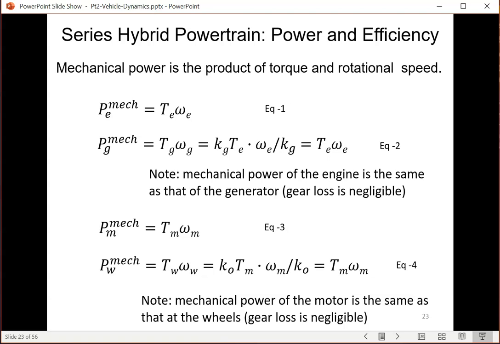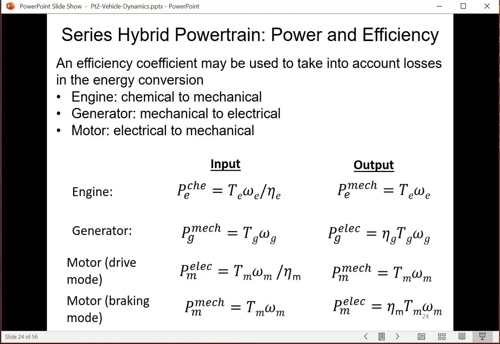The output power of the electrical motor, which is mechanical, equals the input power of the wheel, which is also mechanical, and these two are the same. If we consider efficiencies, then we have these relationships. This just summarizes the relationship between the input and output of the system or subsystems.